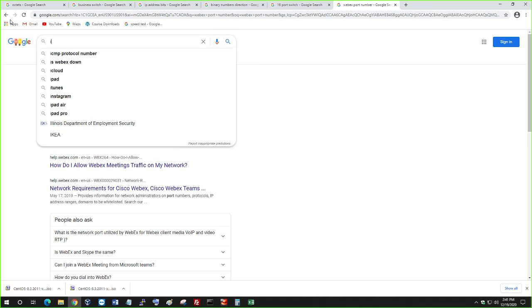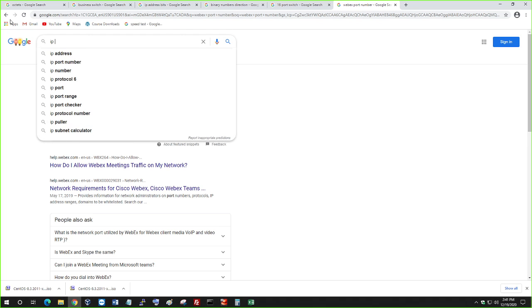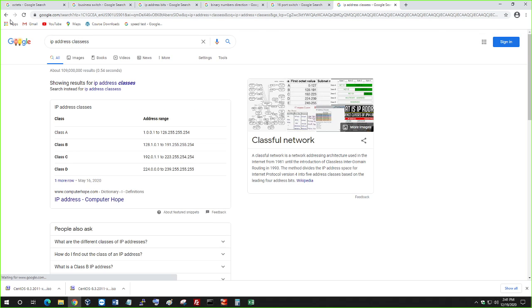IP address classes. You don't really need to worry about this too much, but if you're going to be a network admin, then you would.